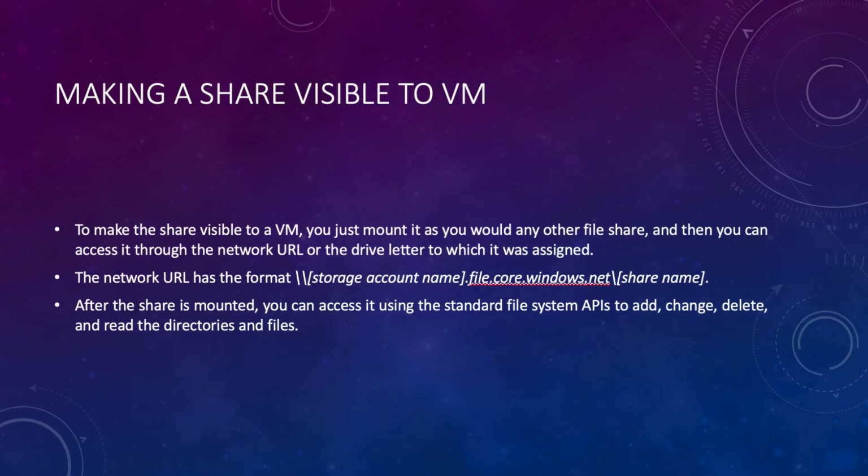To make the share visible to a VM, you just mount it as you would any other file share. Then you can access it through the network URL or the drive letter to which it was assigned. The network URL has the format of \\storage name.file.core.windows.net.